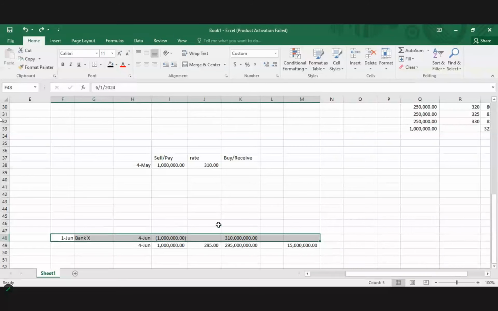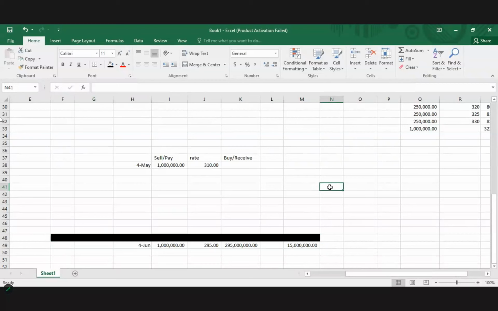So therefore, I will not settle my 310. Correct? Now, do I have an exposure here? Do I have a risk now to my P&L? Yes, because this customer's transaction will be happening, right? Irrespective of what happened to the Bank X.